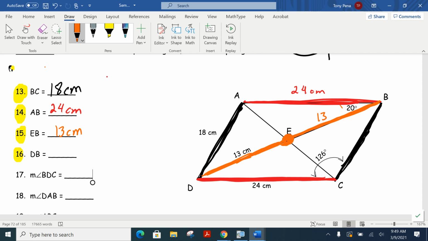All right, and then last but not least, DB, now, Rebecca, would have to be what? I guess 20. So here's D. Here is B. So now you don't have to guess, right, Becca? Because here's 13.